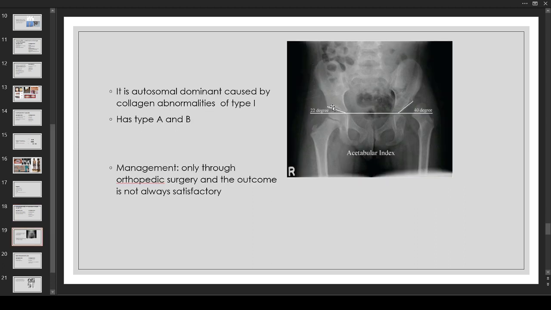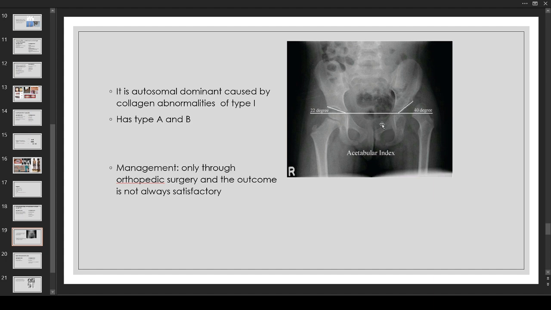Here we see a normal hip, a baby hip. On the right side, we're going to see the normal location of the hip. It is inside the socket at 22 degrees. Here, it is dislocated from the socket and only correctable by orthopedic surgery.